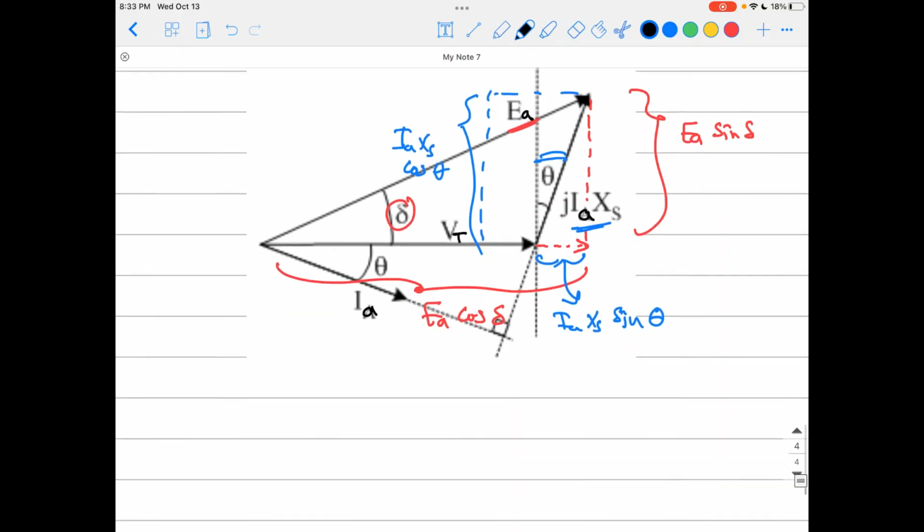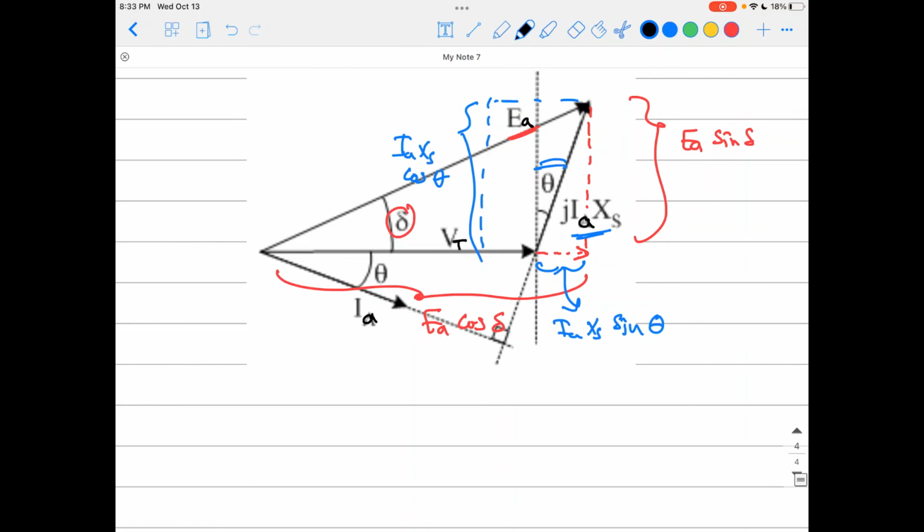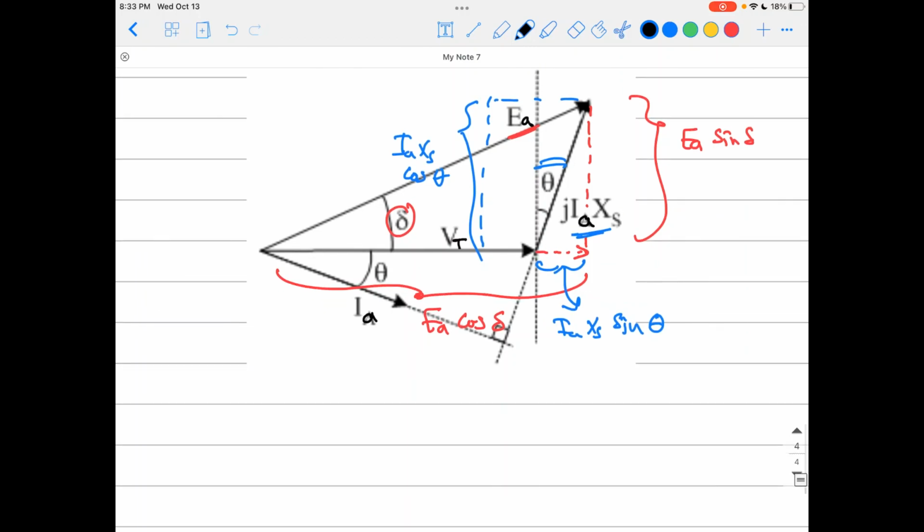But using this, we can find very exciting relationships. This red one, EA sine delta, is the same part which equals IAXS cosine theta. So EA sine delta equals IAXS cosine theta.